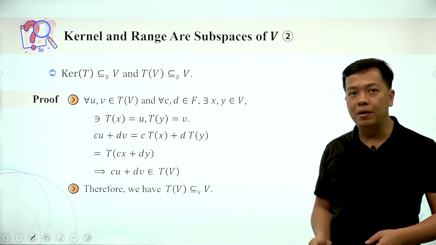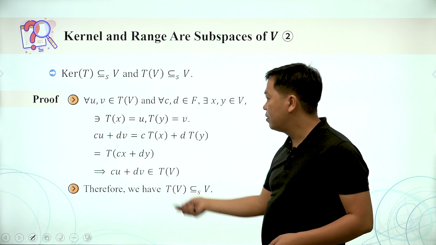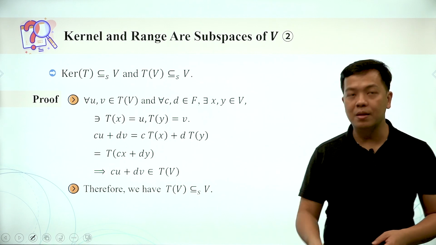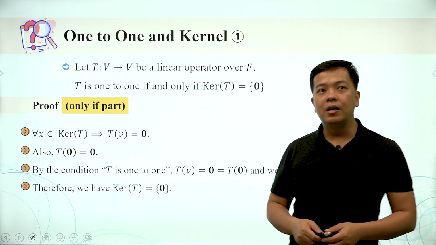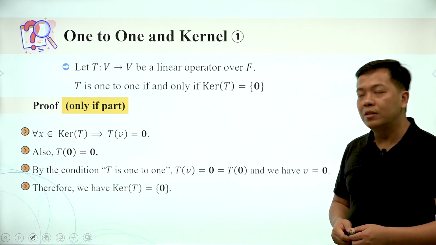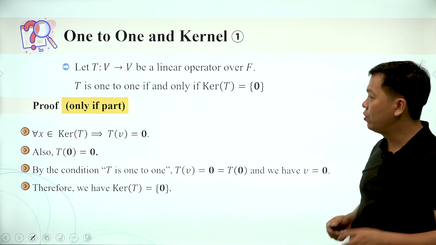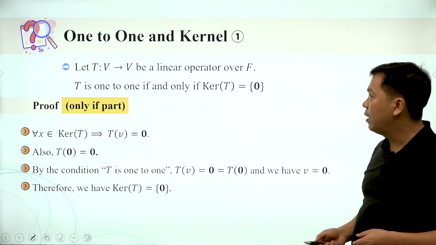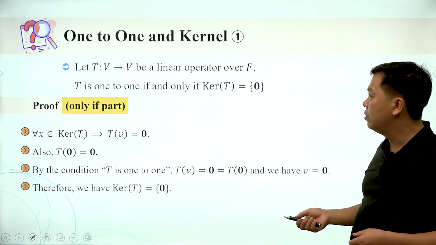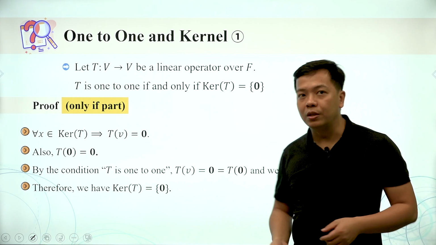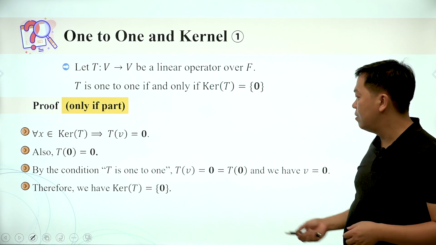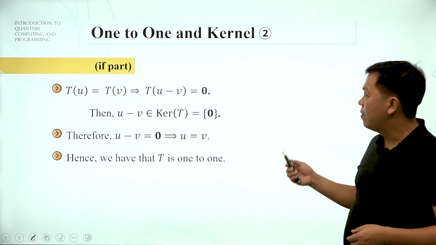You can look at more details in these steps to prove that formula. After we have one-to-one, the kernel, and the onto function, we will look at how we can combine them into a condition for the transformation in the next part.